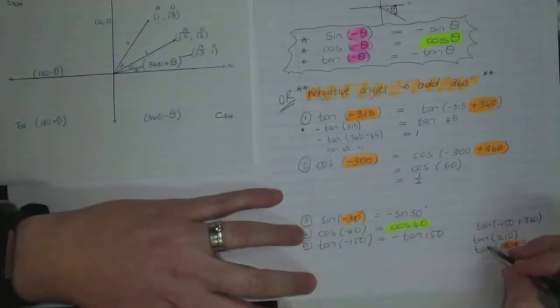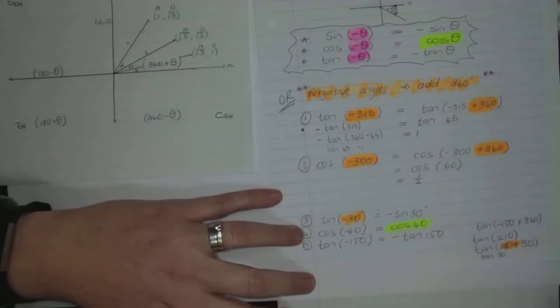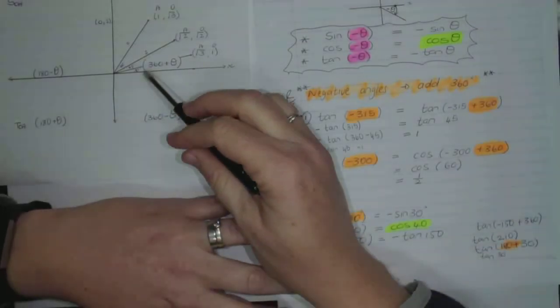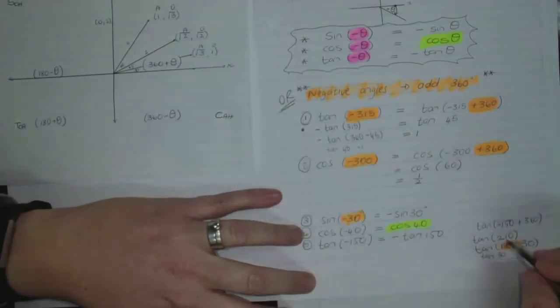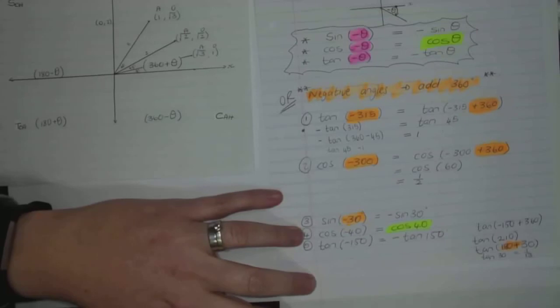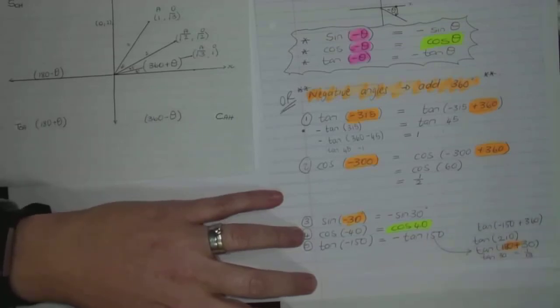Tan is positive, so I have tan of 30 degrees, and at 30, O over A, that is equal to 1 over square root 3. Here, I would have followed the same steps from there. Okay.